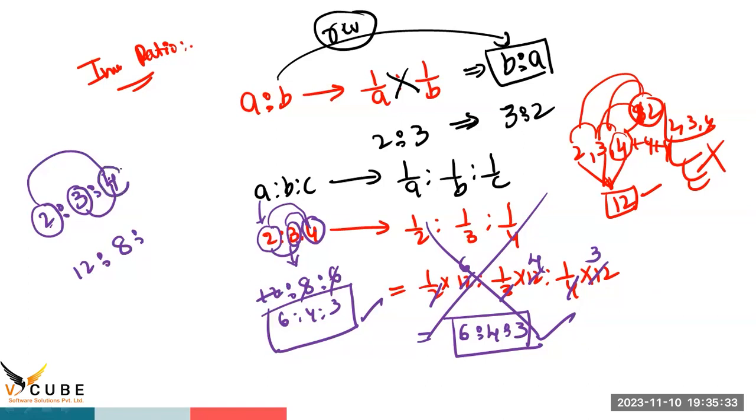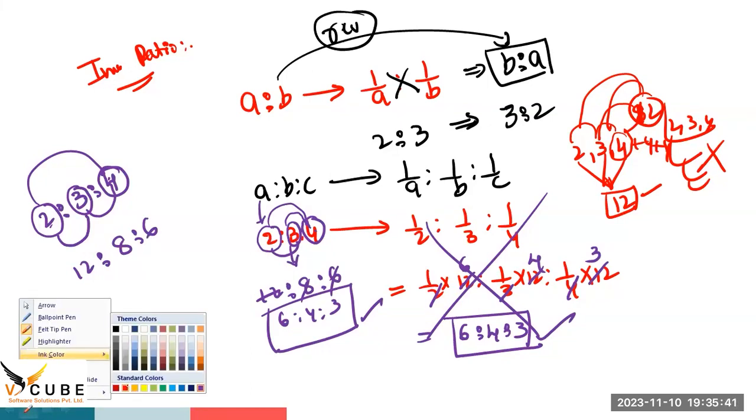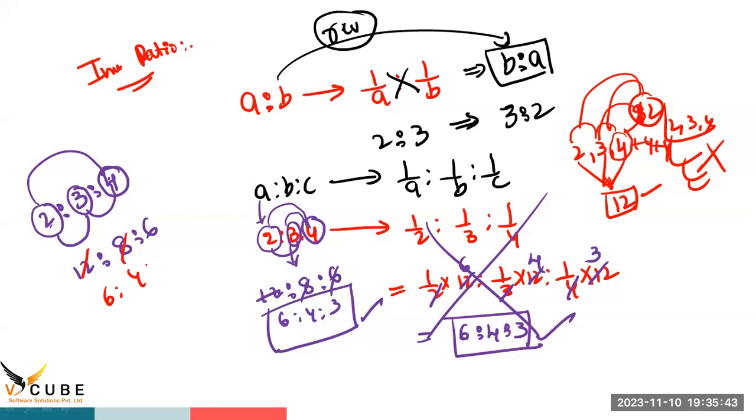If you want the C value, just close the C, multiply the remaining two numbers: 2 3s are 6. So let me calculate here: 2 6s, 2 4s, and 2 3s. The final answer is 6:4:3. Whichever value you need, close it and multiply the remaining numbers, then cancel.